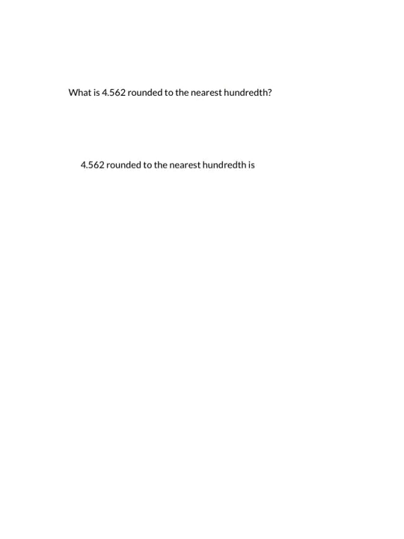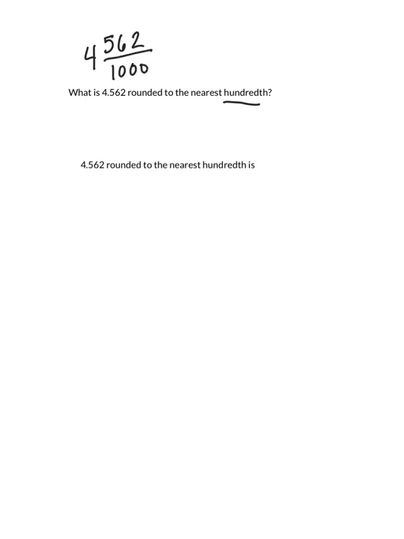Okay, in this next example, we're going to round to the nearest hundredth. What is 4 and 562 thousandths rounded to the nearest hundredth? So this I can write in mixed number form, 4 and 562 out of 1,000 equal pieces.